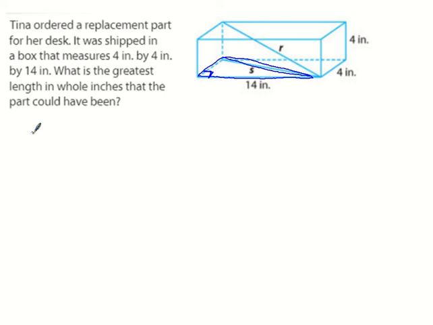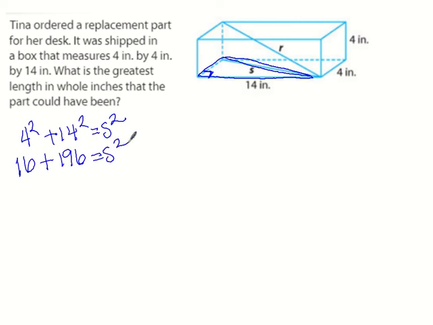So the way I would do this is I would go 4 squared plus 14 squared equals S squared. This is 16. This is 196 equals S squared. I take 196 and add 16. We get 212 equals S squared.